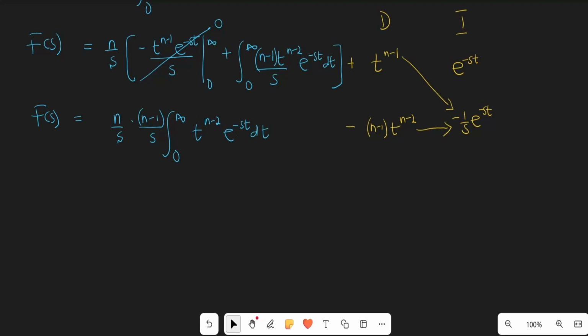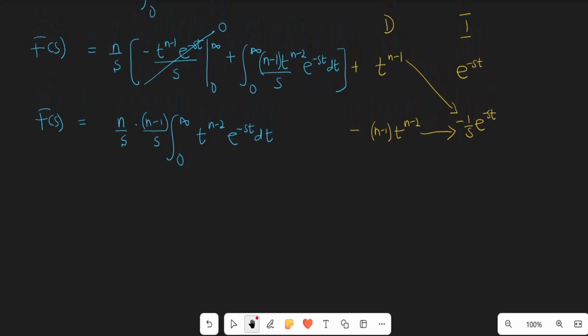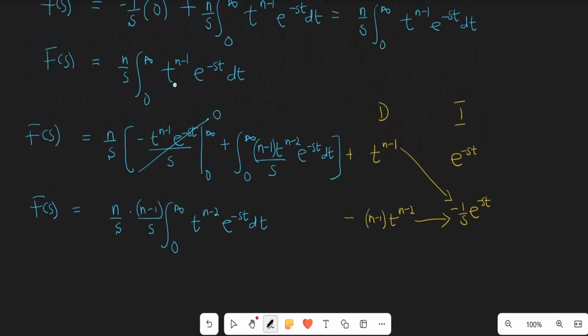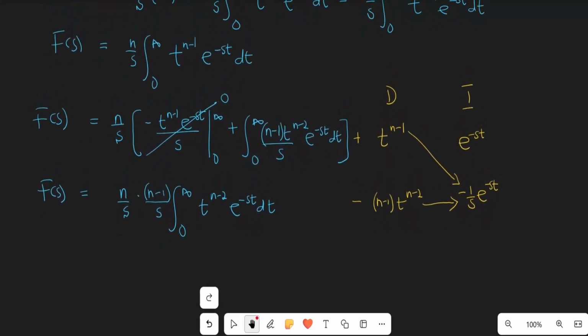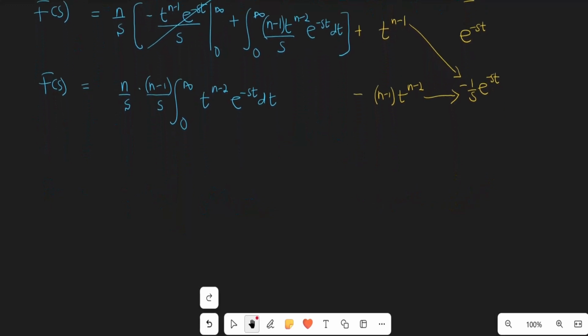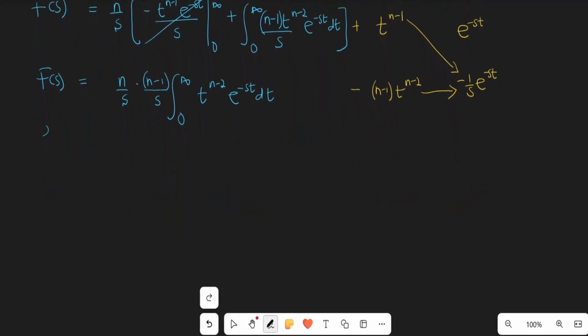So we have observed this pattern. The pattern is that when we are taking the Laplace transform of this one, the power here will multiply in front, but then the one inside the integral is going to reduce by the power 1. So this one is n minus 1, and the power decreased to n minus 2. So by just this observation, we can find the Laplace transform of something like t raised to the power n minus 2.